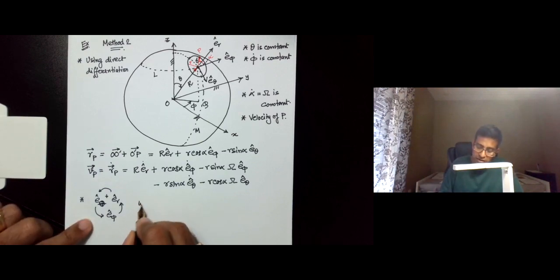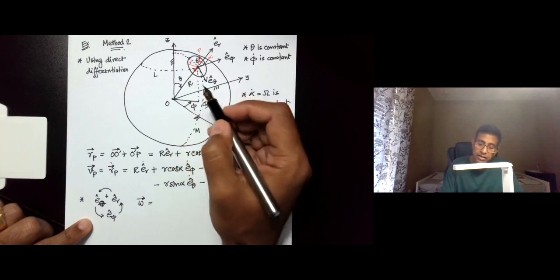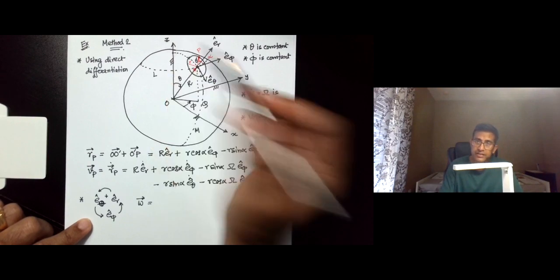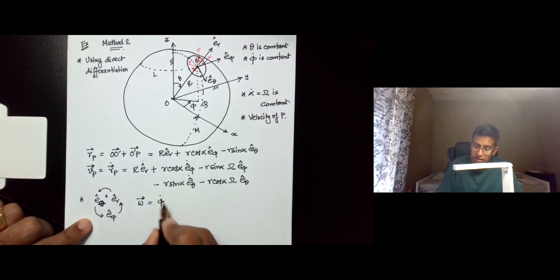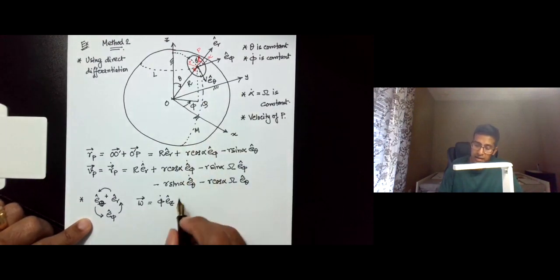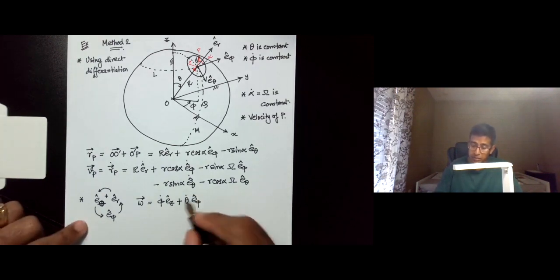So the angular velocity of the bar is basically this phi dot, and phi dot is a vector that is directed in the z direction, so it is phi dot Ez. Okay, and if the angle of nutation was changing, then that would also have to be included, and in that case it would have been theta dot E phi. That would also have to be included if the angle of nutation was changing, but here it is not, so we can make this term equal to 0.